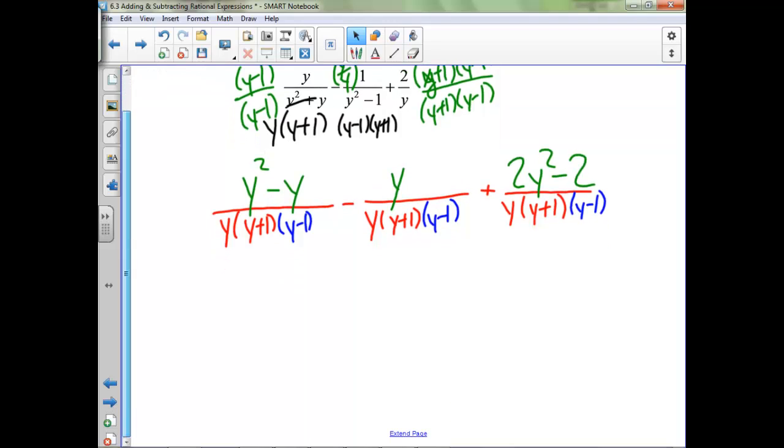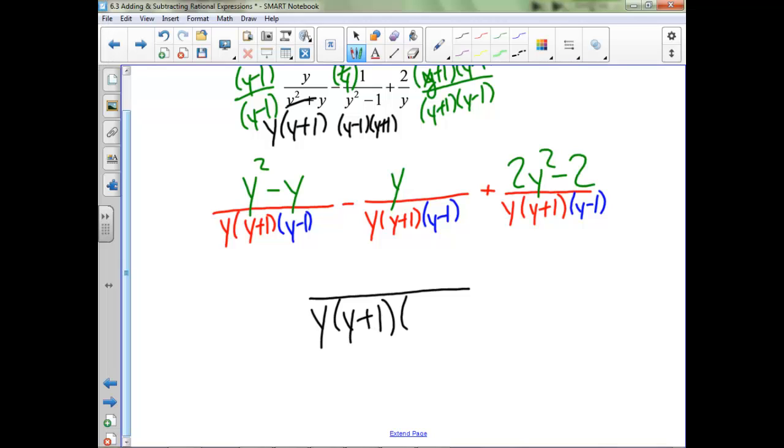And so now let's combine everything we can. So we know our common denominator is y times y plus 1 times y minus 1. Y squareds, we have a y squared plus a 2y squared, so we'll have 3y squared.